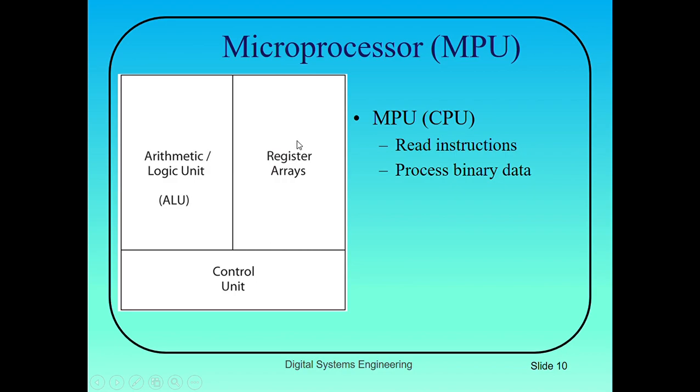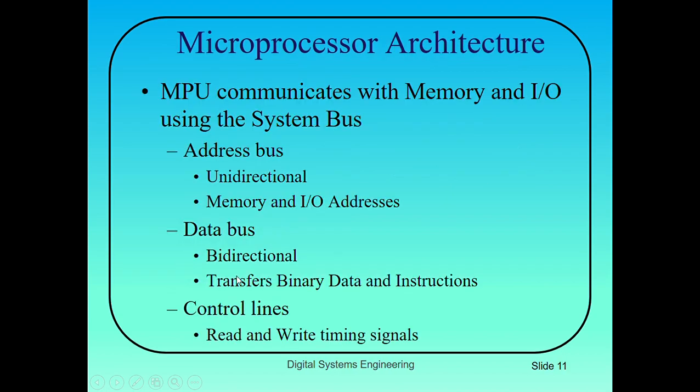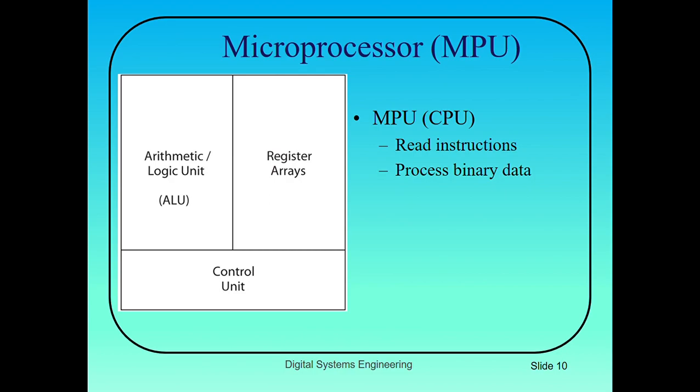Here we have the block level diagram of a microprocessor. You can find the arithmetic logic unit, register array, and the control unit. The ALU, or arithmetic logic unit, handles all the arithmetic and logical operations, and the control unit manages and handles the flow of instructions throughout the system.